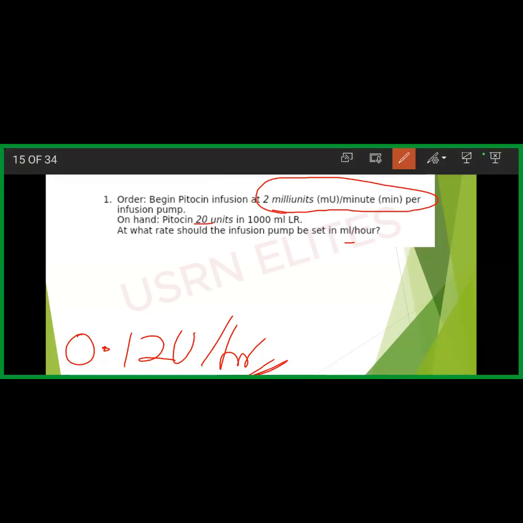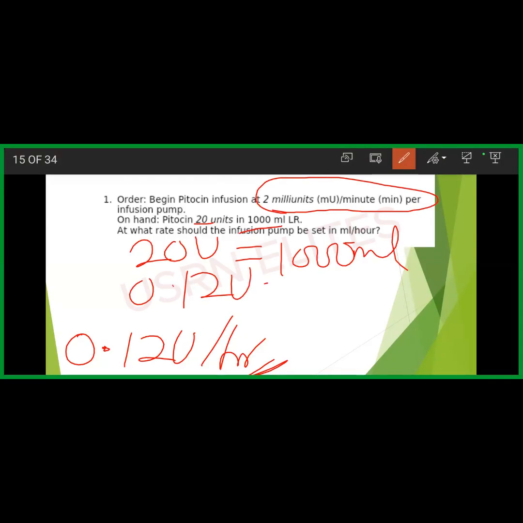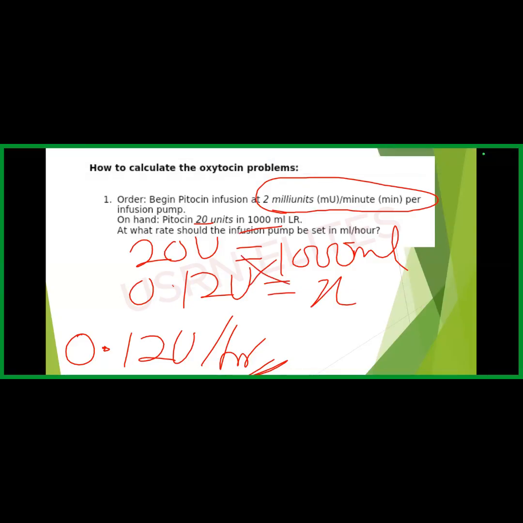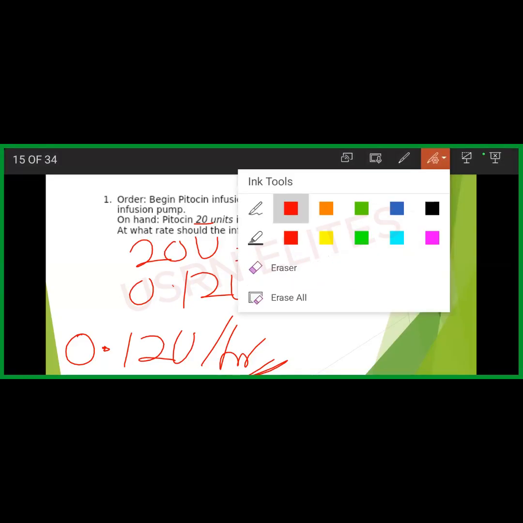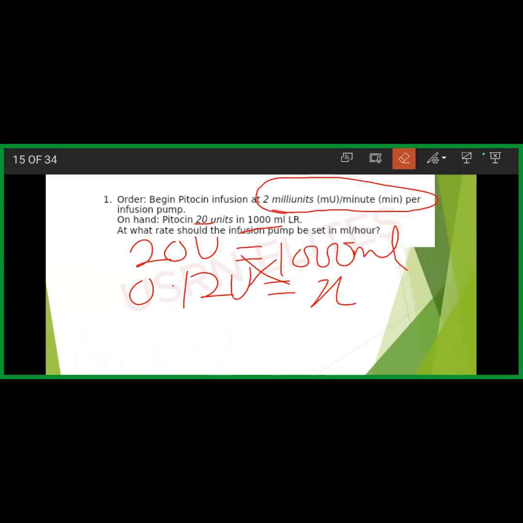Okay. So if you have 20 units in 1,000 mils, now the question is, 0.12 units will give you how many mils? It will be less than 1,000. So let's solve it.